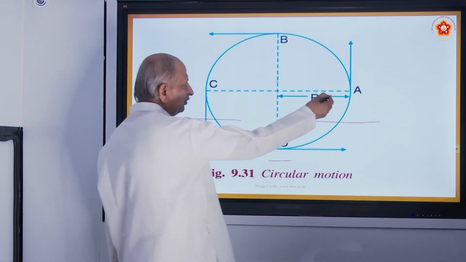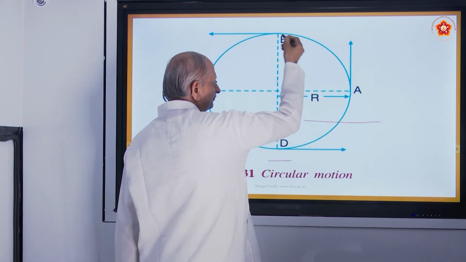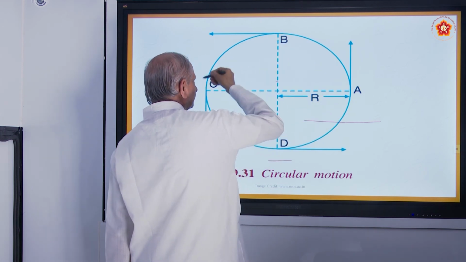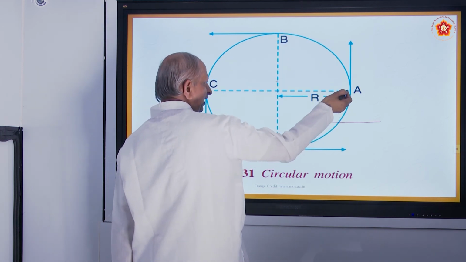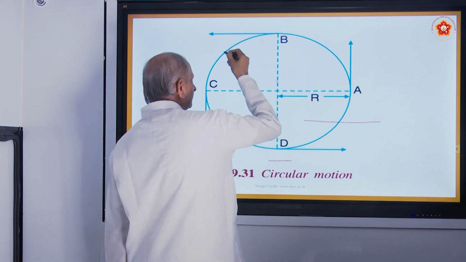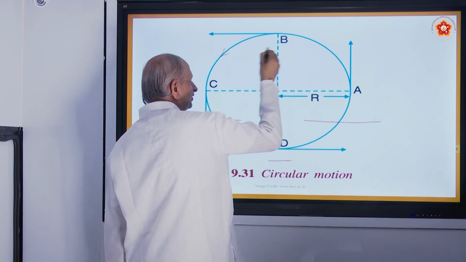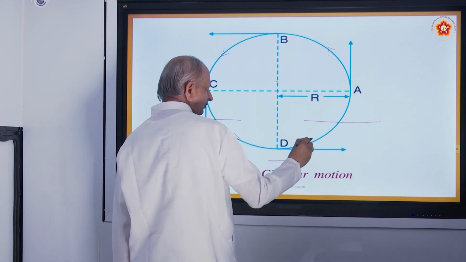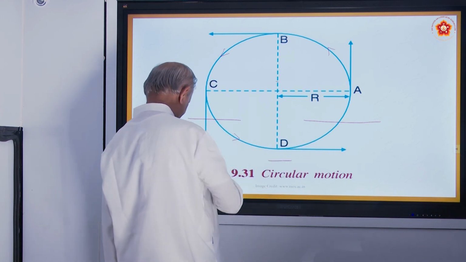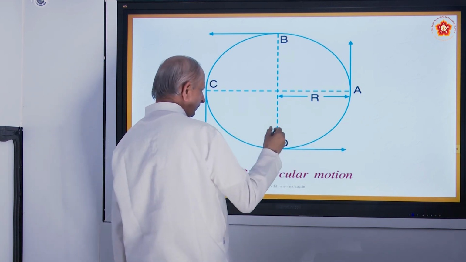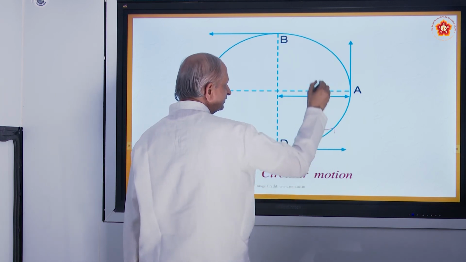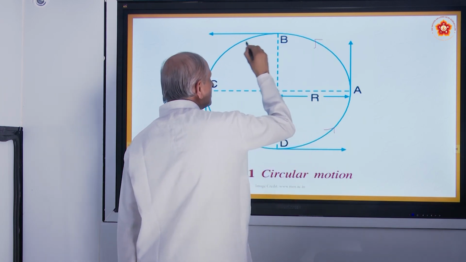See, here it is going like this, from right to left, here like this, or you can say, like this. The direction goes on changing. Therefore, what changes? We say velocity changes. Velocity changes. And what remains?